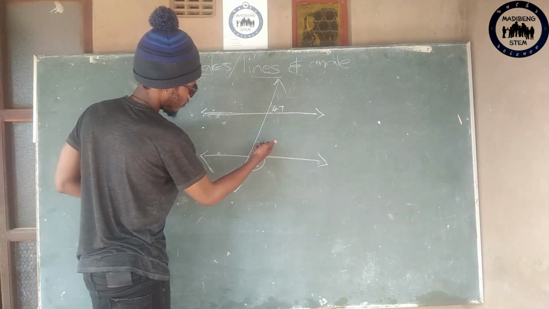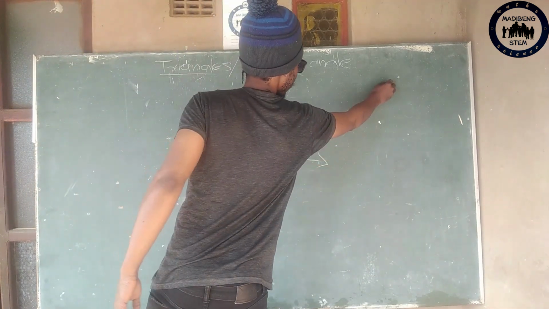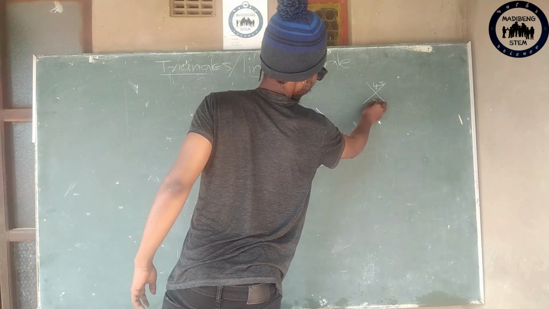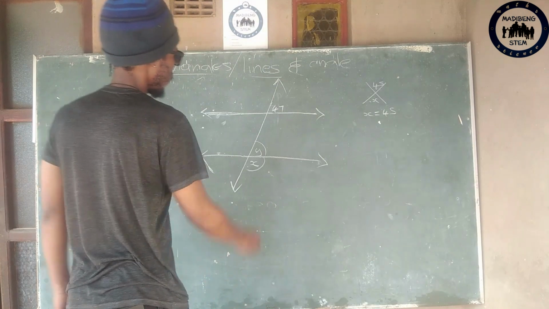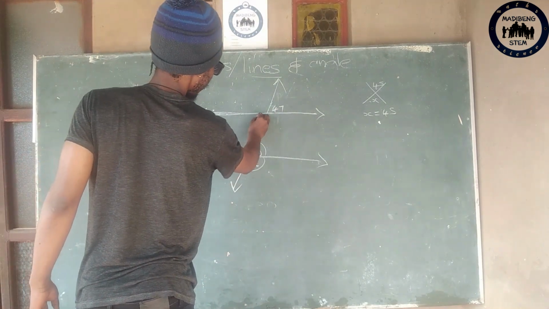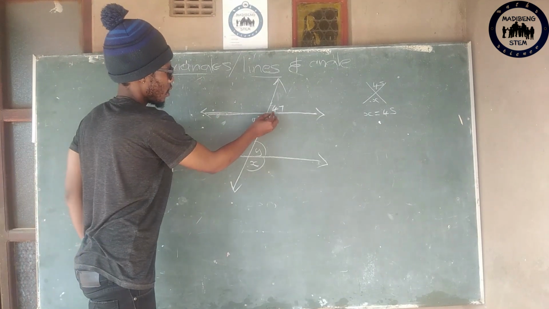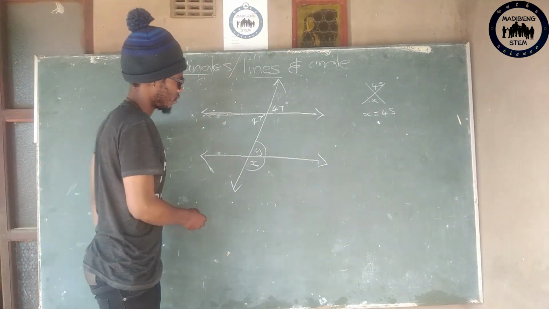So how are we going to find x and y? Vertical angles, you remember vertical angles. If it's 47 here, here is also 47. It's vertical angles.